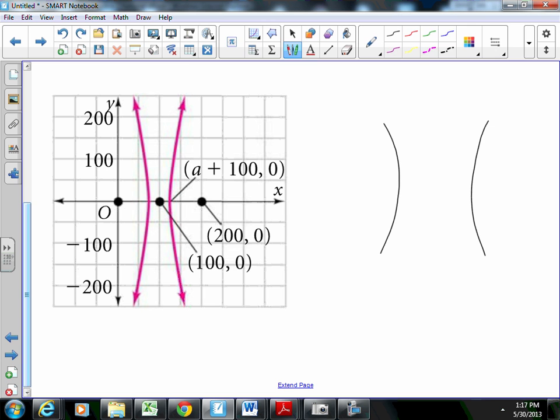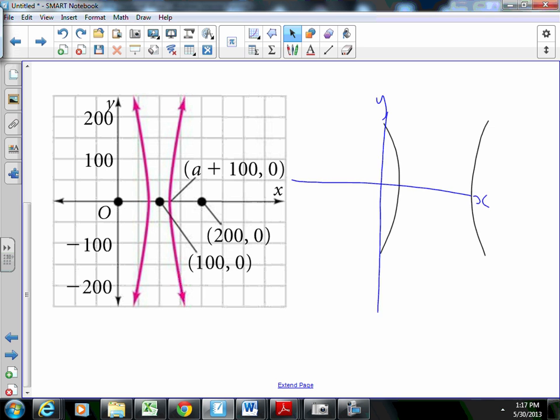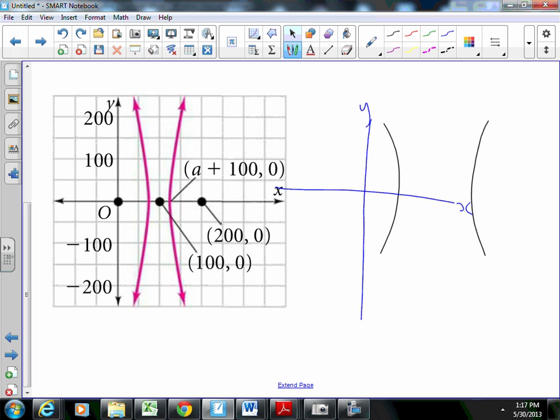So here's a hyperbola. Here's y, here's x. Now this is translated slightly, which means that the axes are slightly over. In a hyperbola, this is the center, which means that this distance here is A, and we've got B coming up here.